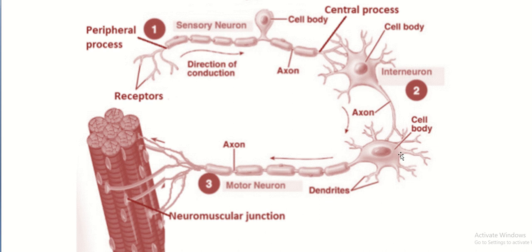The interneuron again synapses with the motor neuron, and the axon of the motor neuron is known as the motor nerve. The terminal portion of the axon of the motor neuron forms the neuromuscular junction, which attaches to the skeletal muscle, and the action potential of this nerve circuit reaches the skeletal muscle, and contraction of the skeletal muscle occurs.